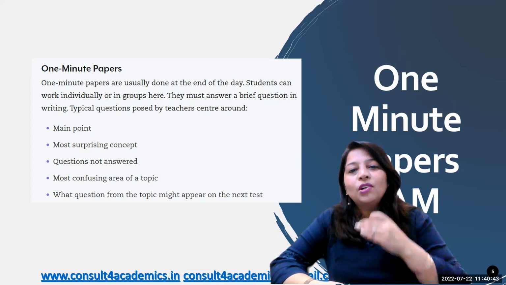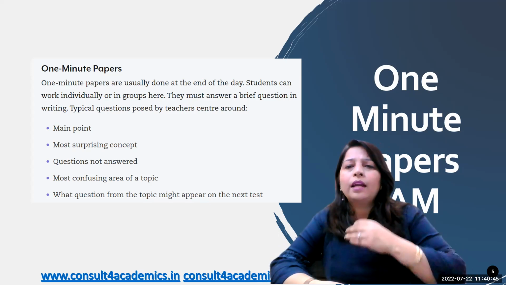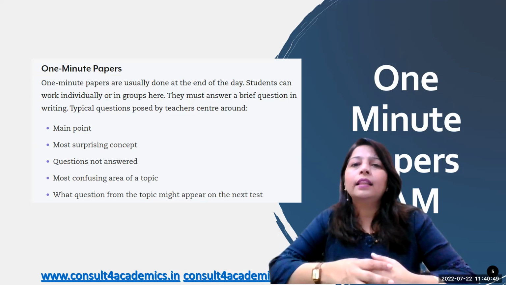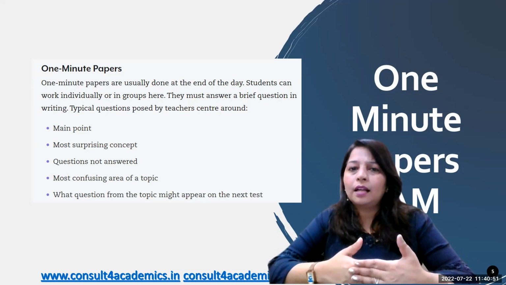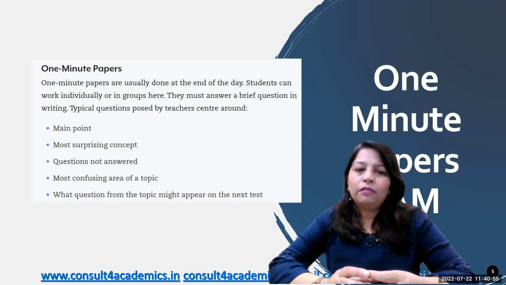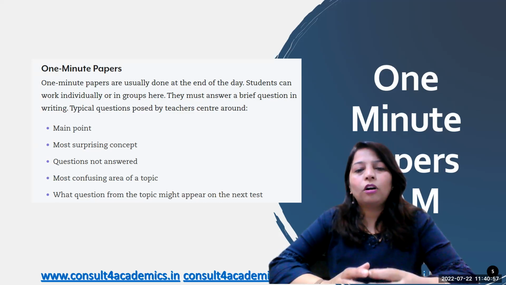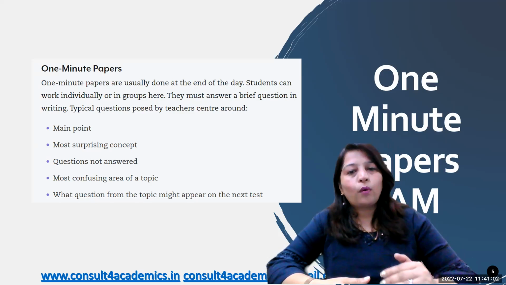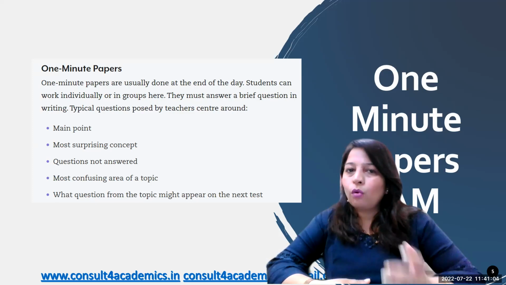Some of the children had some questions in the mind related to the topic that the teacher was about to discuss, and those questions will remain unanswered. So that can also be mentioned. Most confusing area of the topic, and what question from the topic might appear on the next test. Now, these kinds of questions, or maybe you can give your own questions.